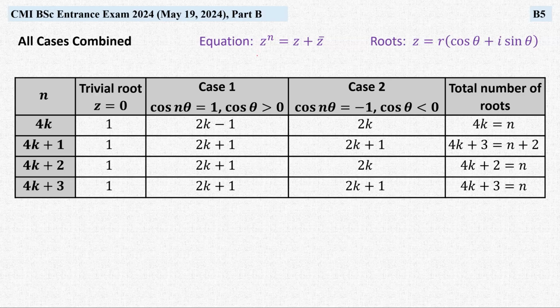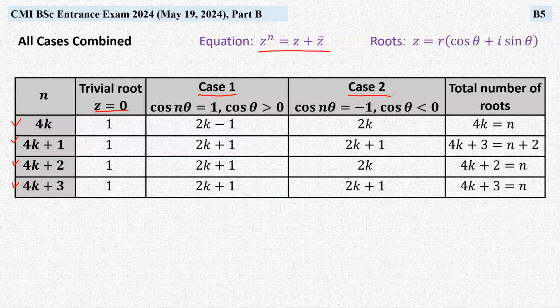Now we can combine cases 1 and 2 and find the total number of roots of the original equation. So we have case divisions for n here: n equals 4k, 4k plus 1, 4k plus 2, or 4k plus 3. And note that we must also count the trivial root z equals 0 as well. For case 1, we found that the number of roots are 2k minus 1, 2k plus 1, 2k plus 1, and 2k plus 1.